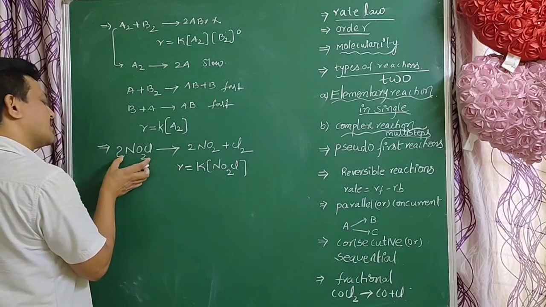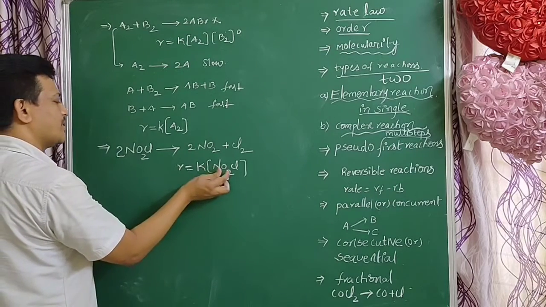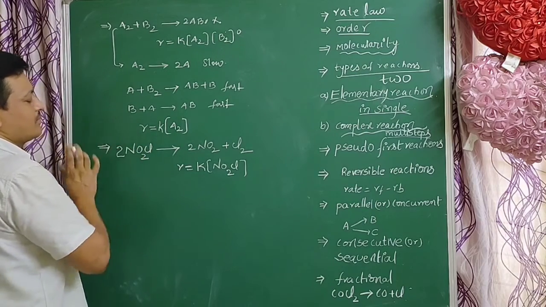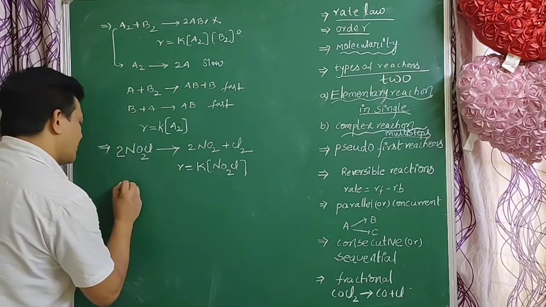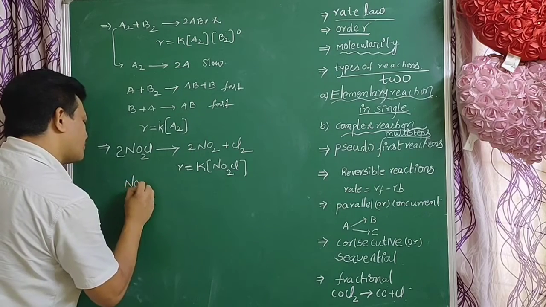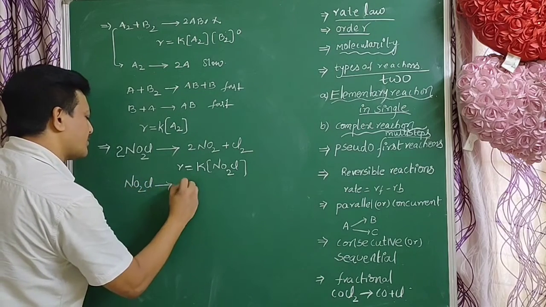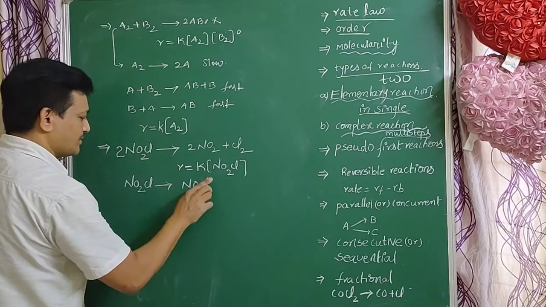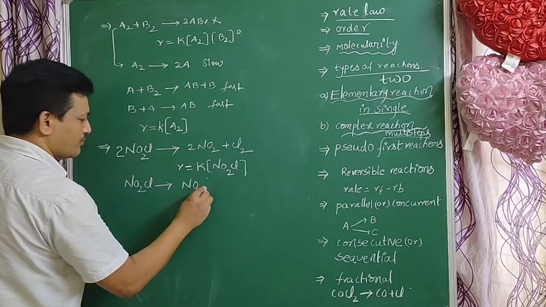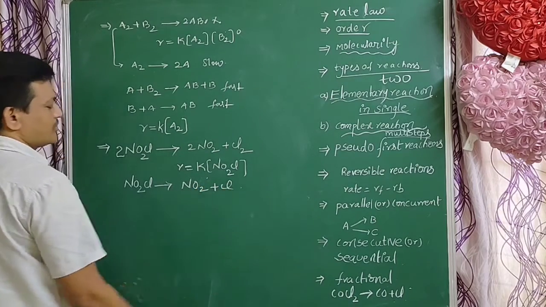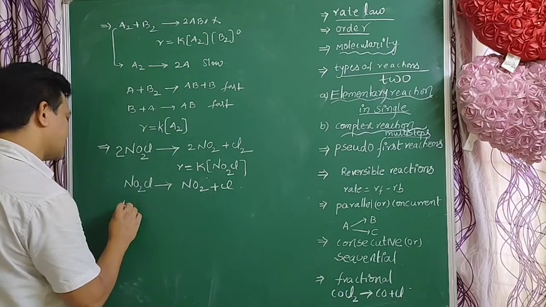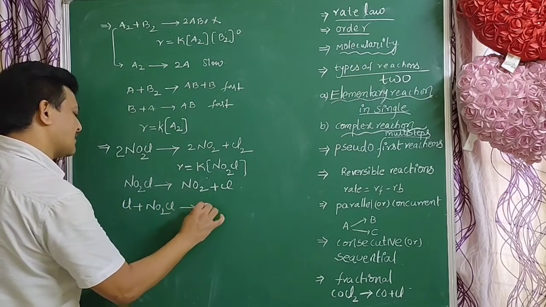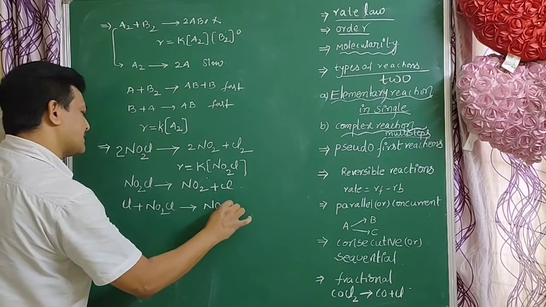Two molecules are there, but rate depends on only one molecule. So in the slow step, only one molecule is involved. So NO2Cl decomposes to NO2 plus Cl. The Cl again reacts with NO2Cl to convert to NO2 plus Cl2.